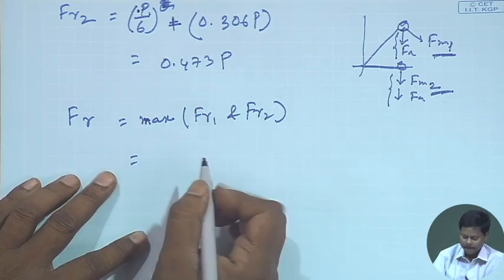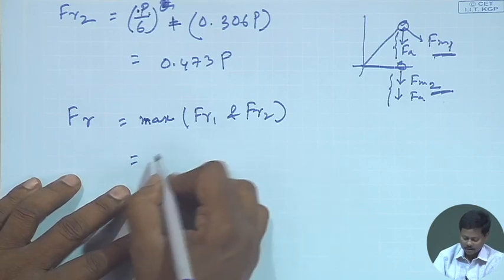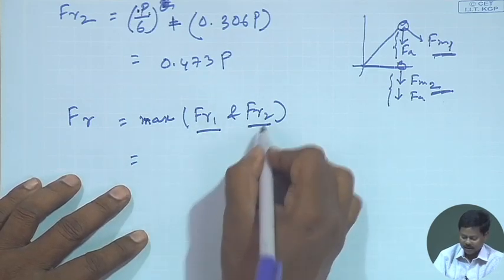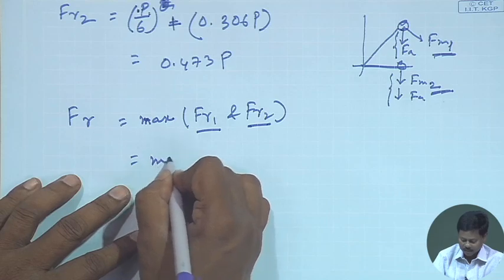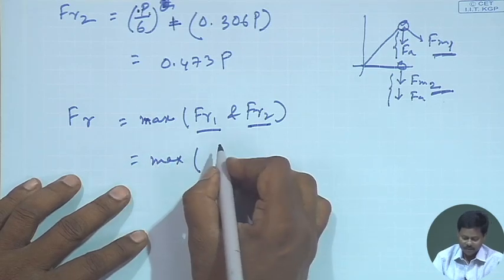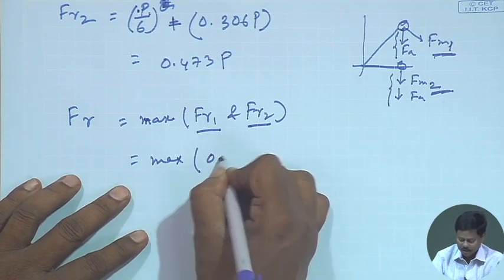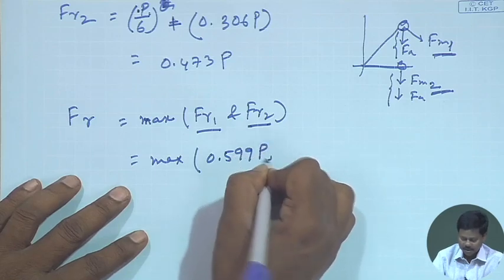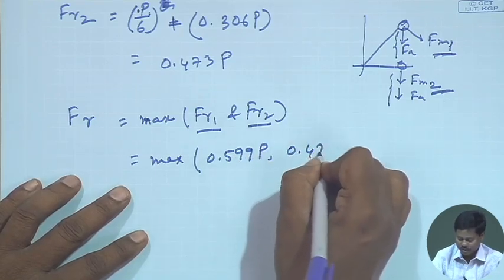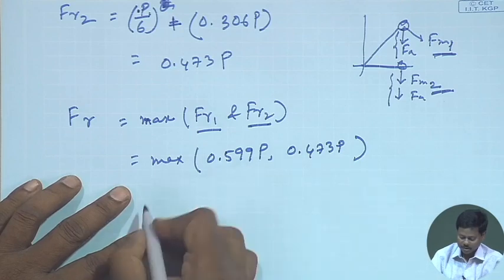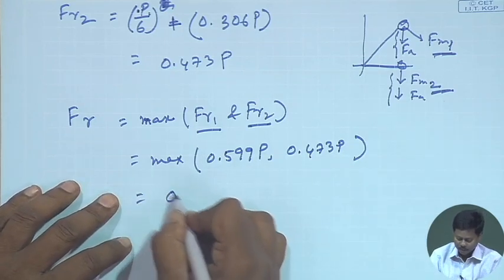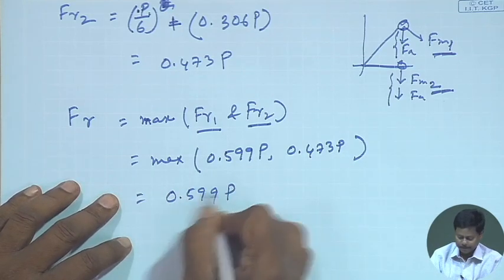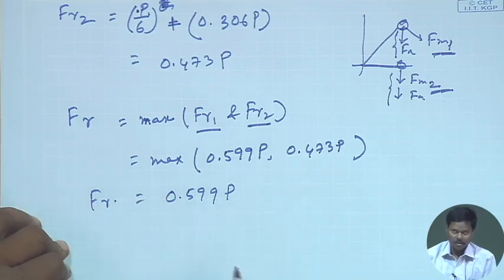After calculation, Fr1 was 0.599 P and Fr2 is 0.473 P. So, Fr will be 0.599 P, right.